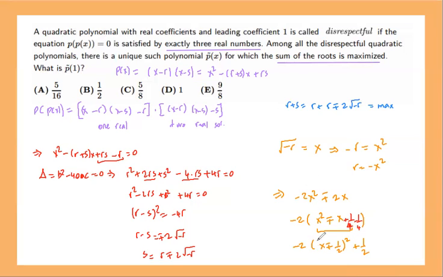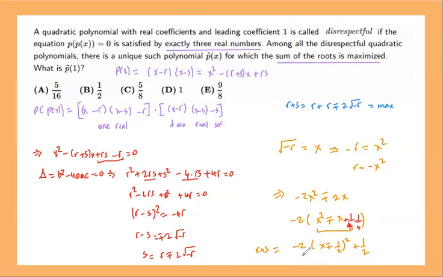So this expression was r plus s. So r plus s is equal to this expression. Since this is a square, this guy can be 0, but not negative. If this is 0, then the whole term is 0. But if it's not 0, anything you have for this guy will make a positive number because of the square, and then you get a negative in front, so that will be a negative number.